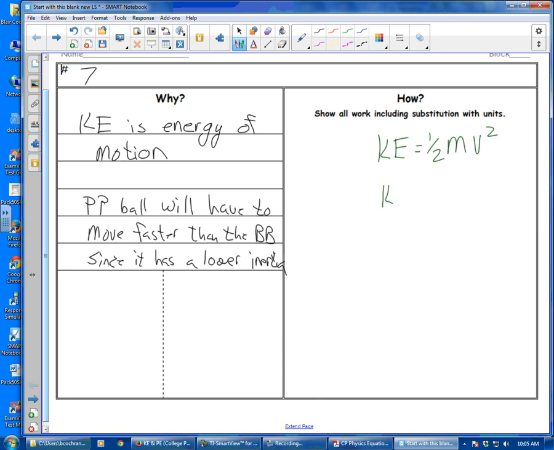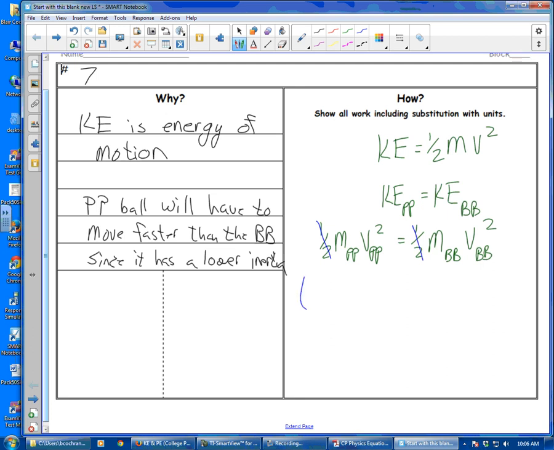The problem says that the kinetic energy of the ping pong ball has to be the same as the kinetic energy of the baseball. 1/2 inertia of the ping pong ball, speed of the ping pong ball squared, equals 1/2 the inertia of the baseball, speed of the baseball squared. Anything cancel out? Sure, my 1/2s, right? They're on both sides.